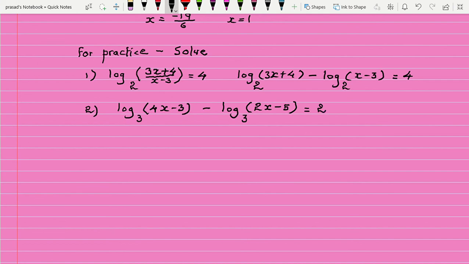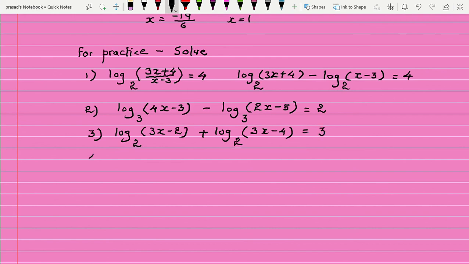Okay. Third problem, third question, log 3x minus 2 to base 2 plus log 3x minus 4 to base 2 is equal to 3.